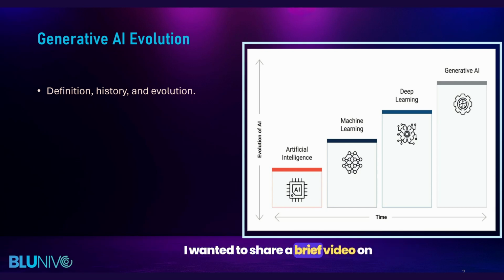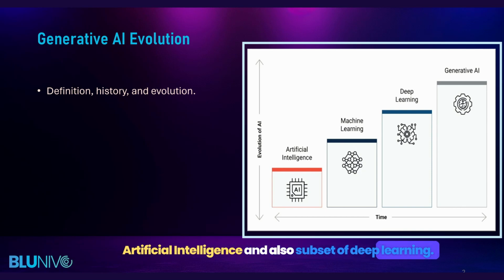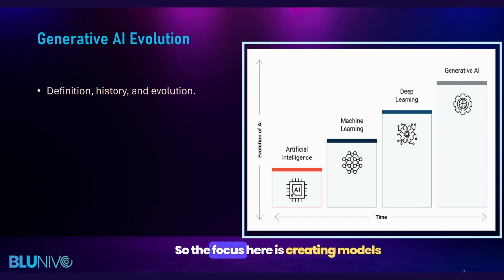I wanted to share a brief video on how generative AI has evolved over the years. So, generative AI essentially is a branch of artificial intelligence and also a subset of deep learning. The focus here is creating models that are capable of generating new content, and perhaps most of this content is very similar to the existing data.